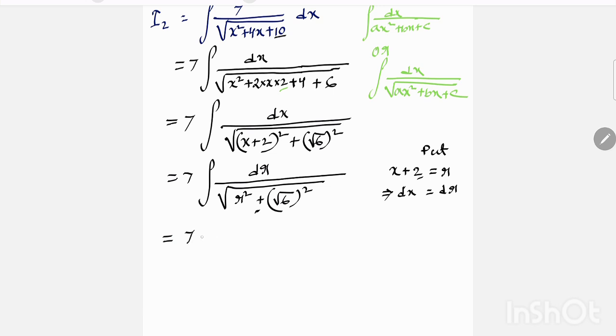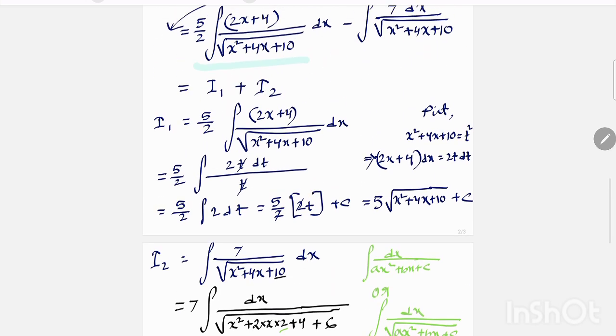According to the formula, the integration is log of, because the variable here is r, r plus root over the same expression again, that is the formula. So it is r square plus root 6 whole square, which means we can write 6 here, plus c.